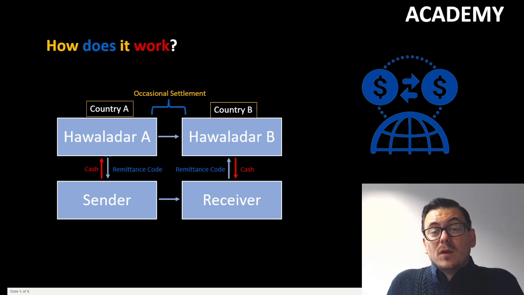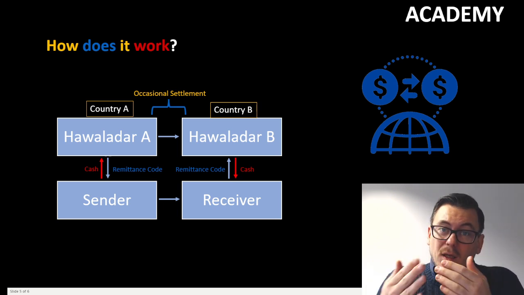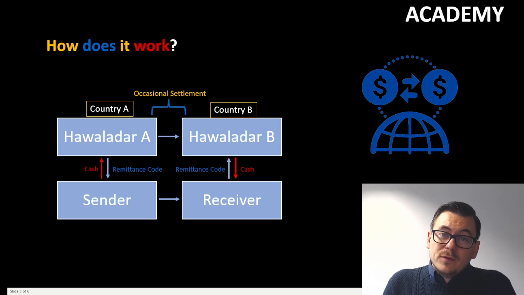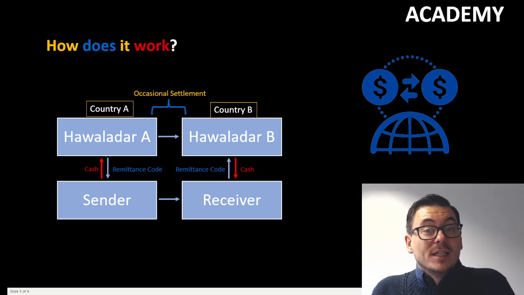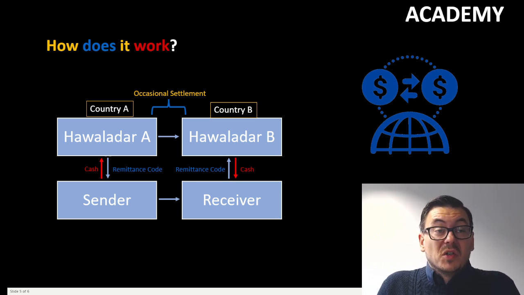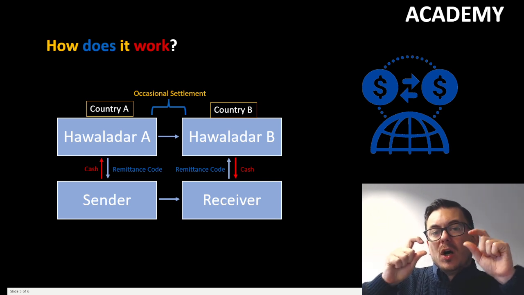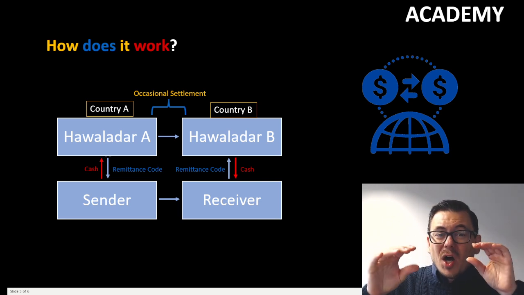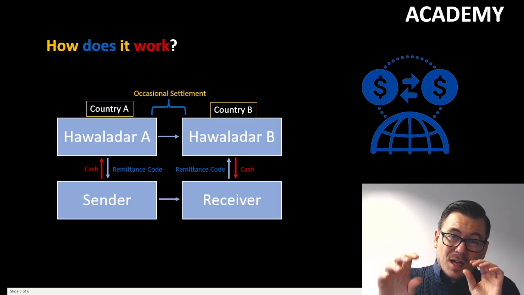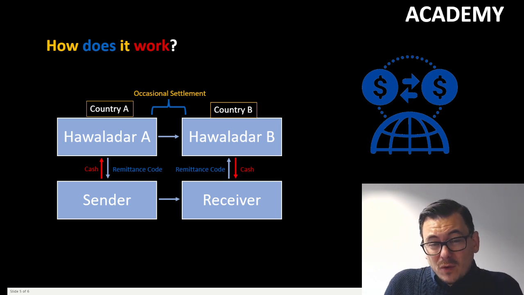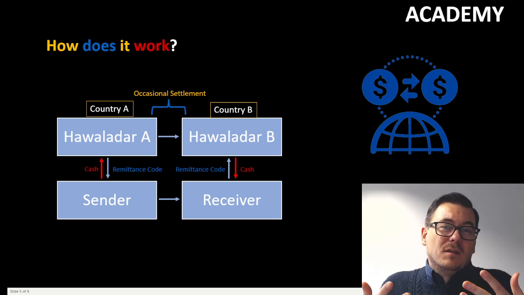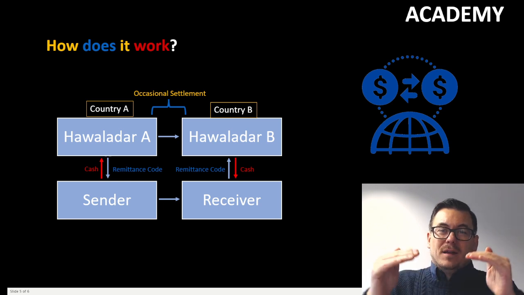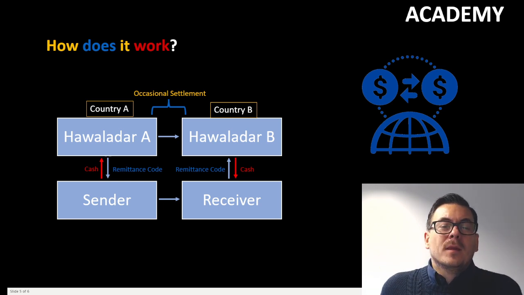So when the receiver goes to Hawala B, he or she will have a remittance code proving that this is the correct receiver. So this is basically the system. There might at times be an imbalance in terms of expenses between Hawala A and Hawala B, and that of course needs some occasional settlement, so the balance is kept intact.